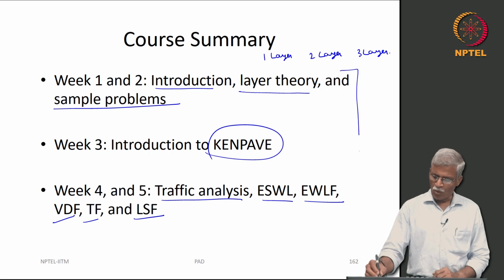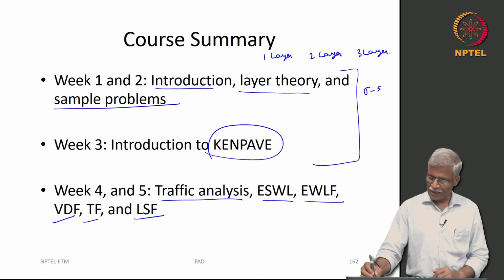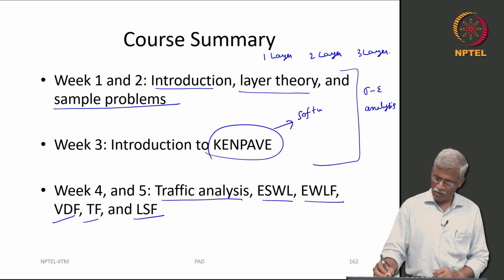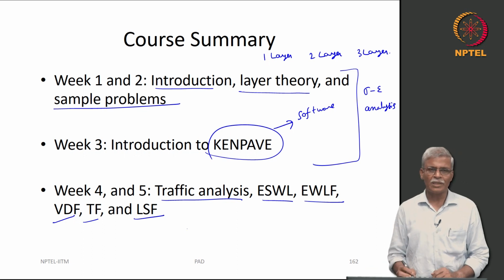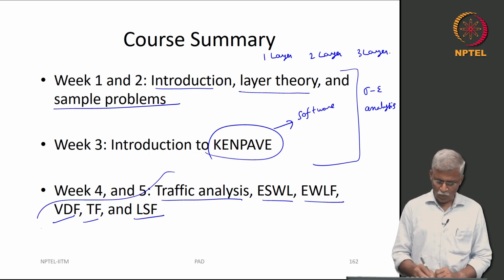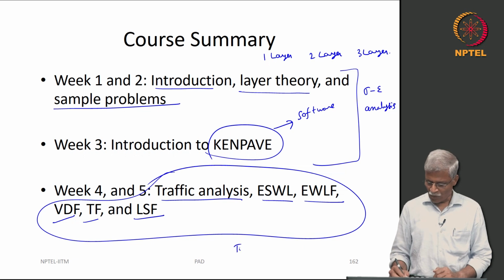So, this is about stress strain analysis, and this is the software that was used to do the stress strain analysis. This whole thing is about how to handle traffic.